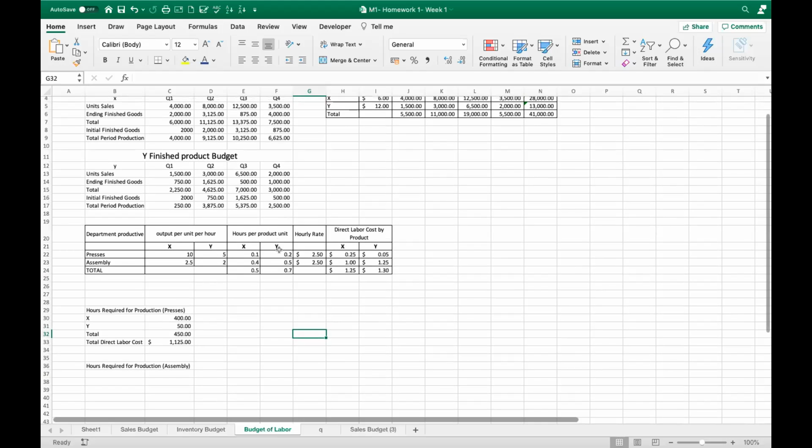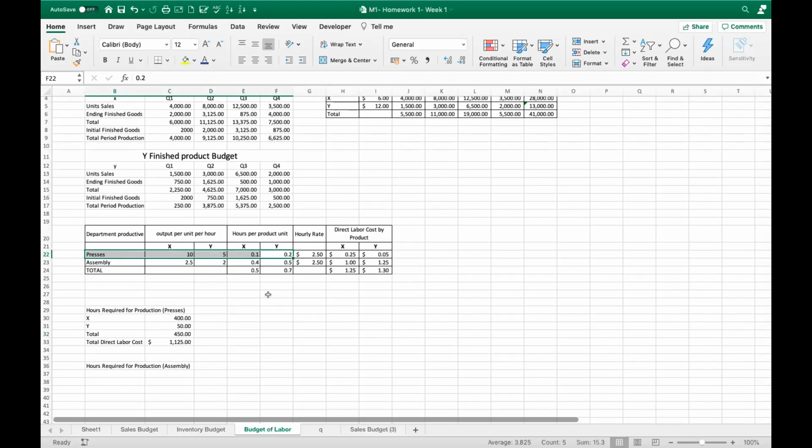G22, where it says 2.5. There, okay. Now just look at the left of that, and you see it's presses. So presses is the same activity, and you can see that it shares activity between the two products.